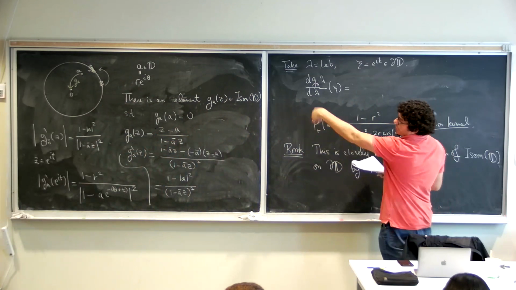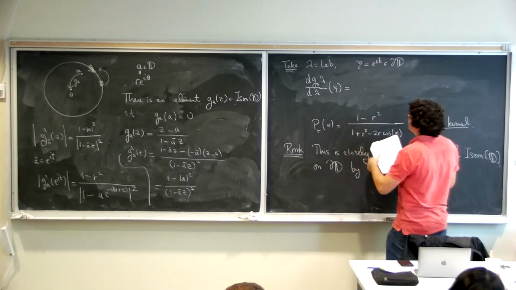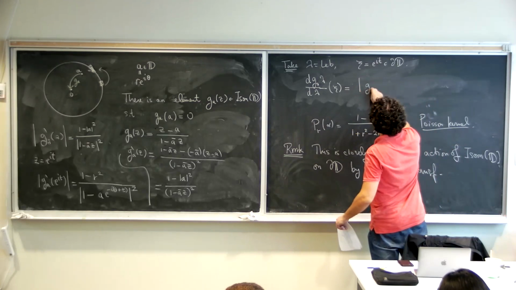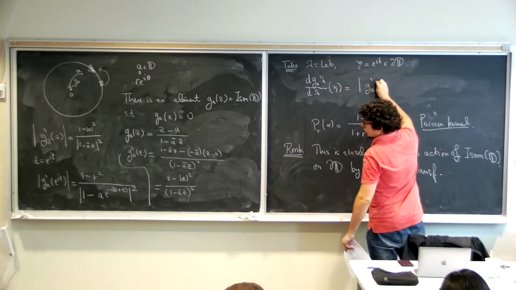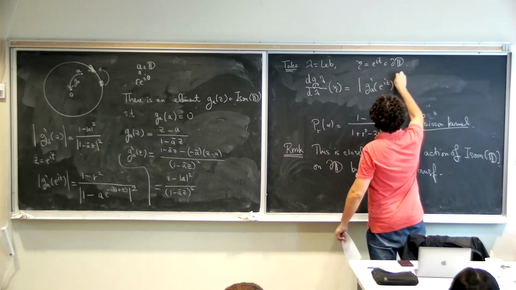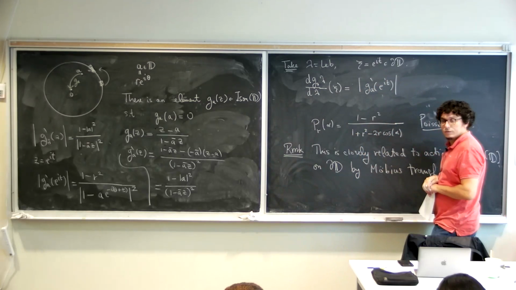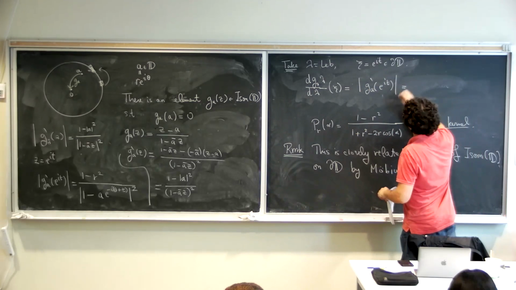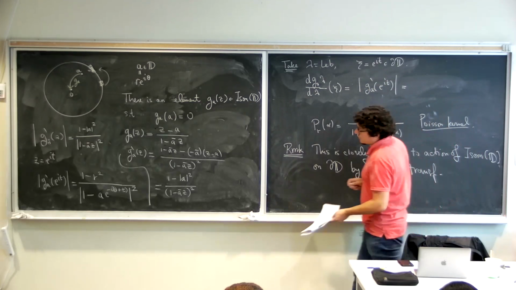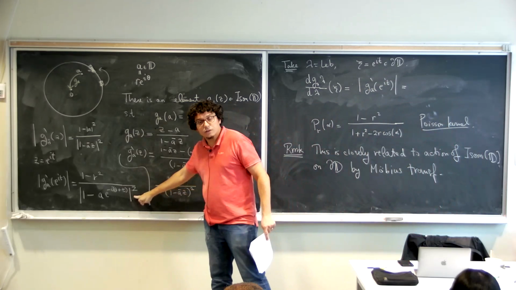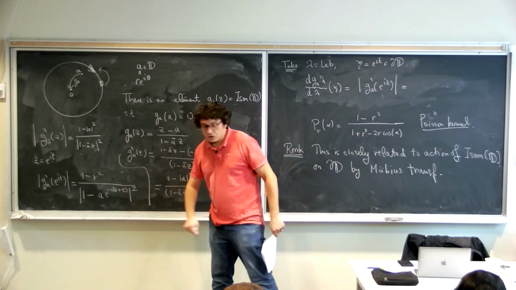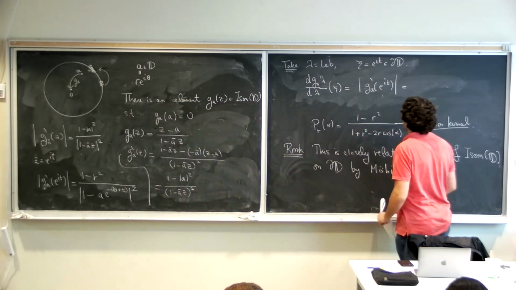Because g preserves the circle, this is precisely the norm of g_A prime at e to the it. And it's also this guy here, which is exactly the Poisson kernel.